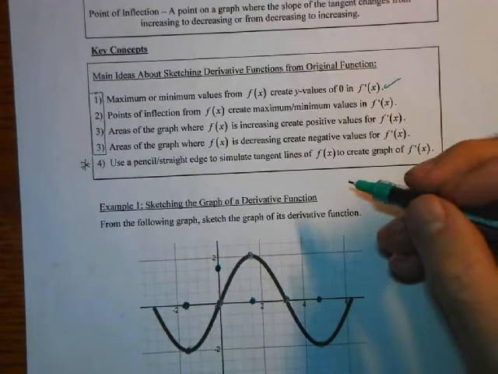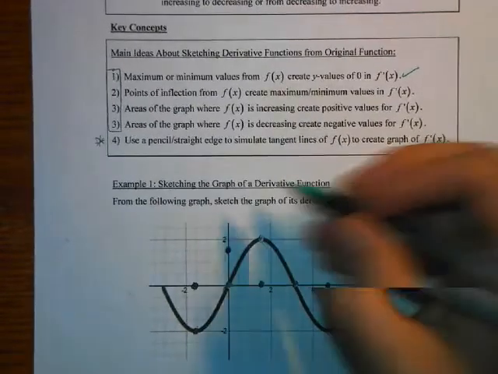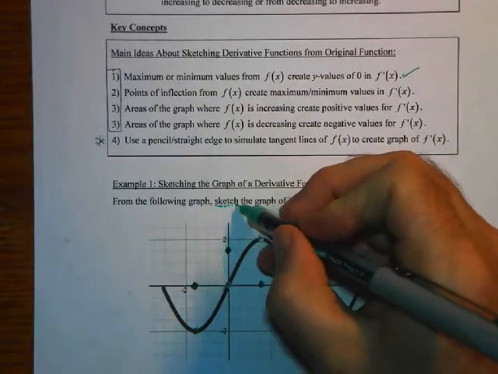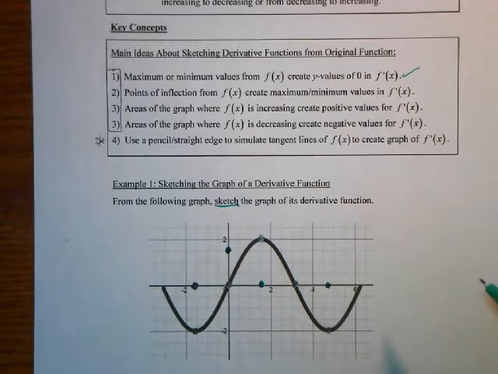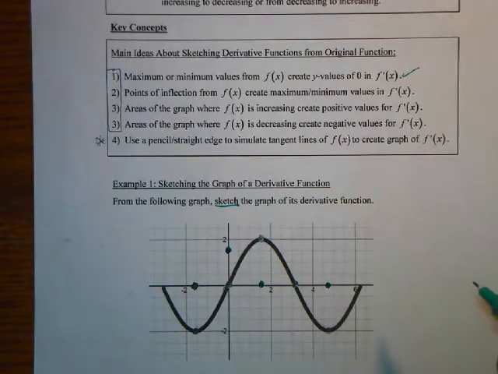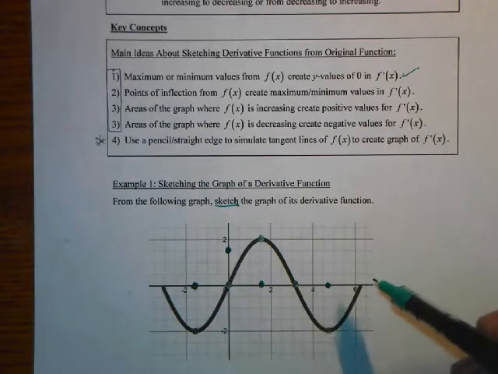Now, that's the thing about what we're doing here. Notice the verb sketch. Sketch means you're going to capture the key features of this graph of the derivative function, but it's not going to be 100% correct. And we don't expect it to be, but we want certain aspects of it to be very correct.